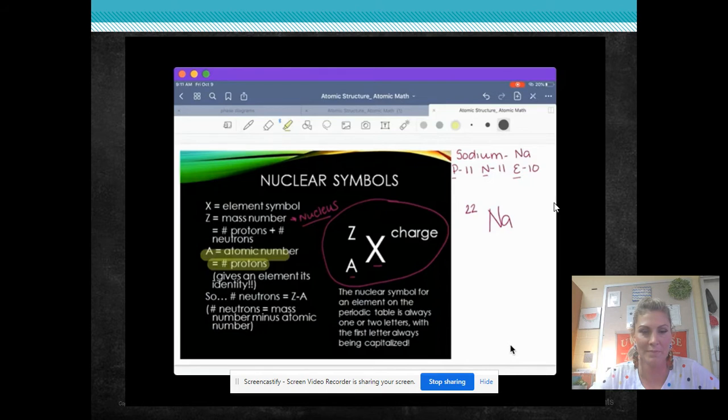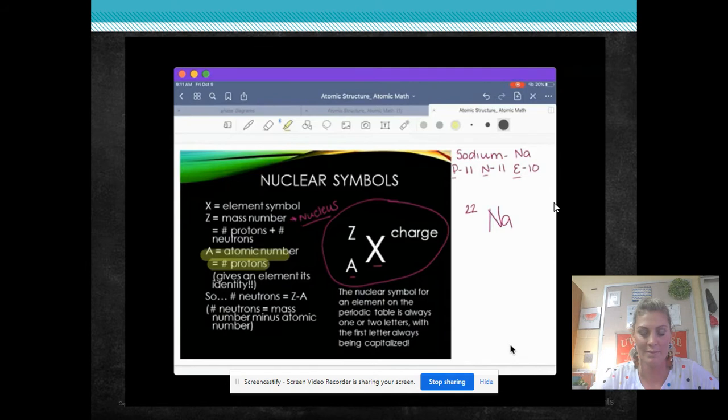So if you change the number of protons, you change the element. So theoretically, we could take any element and change it into gold by just making it have 79 protons. So that's theoretical.